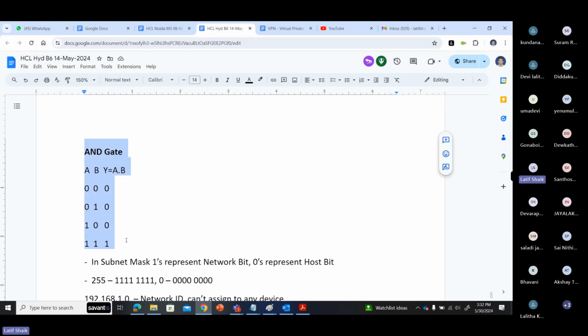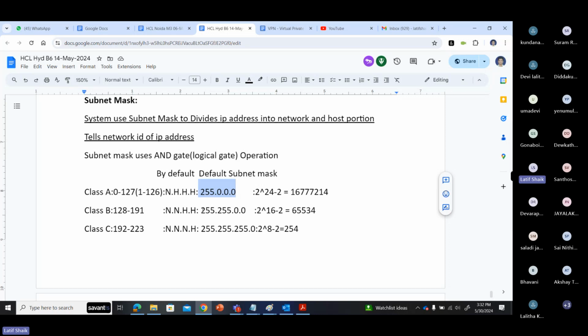Guys, understand what the default subnet masks are for the different classes of IP addresses.